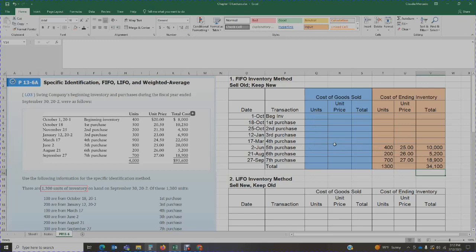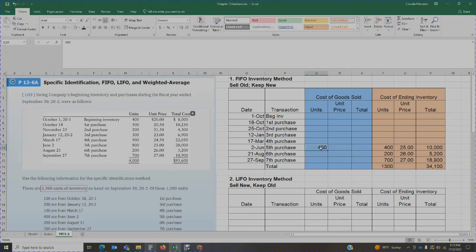So the difficult part here is that 5th purchase. On that 5th purchase, we had 800 units, and we kept 400 that we did not sell. That means that we sold 400. 400 plus 400 will give you your 800.